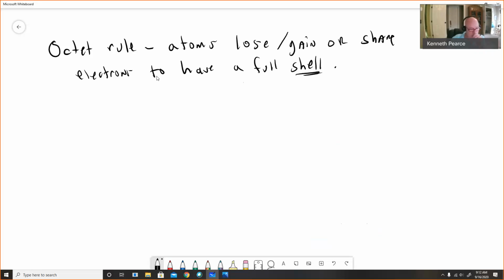Now notice, when we say this, it's not to get 8 electrons, even though the octet rule means 8.